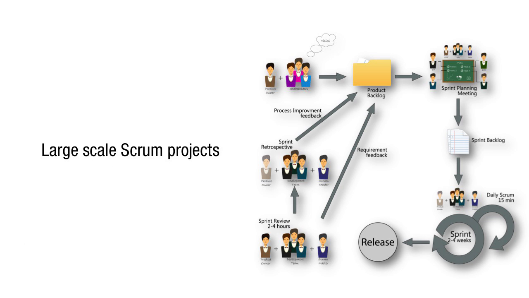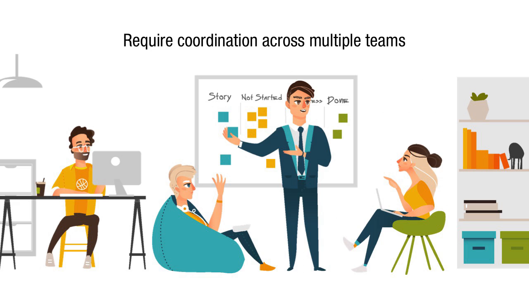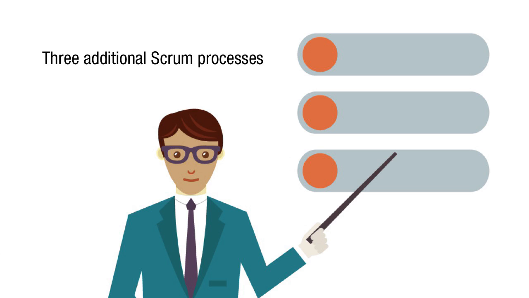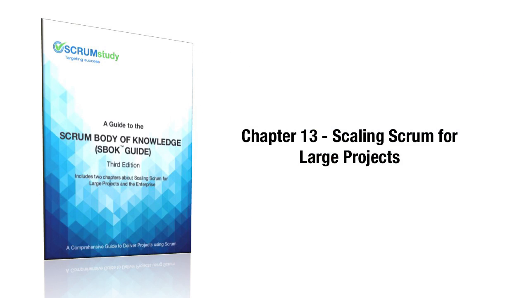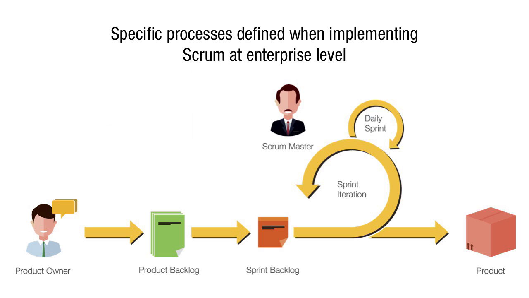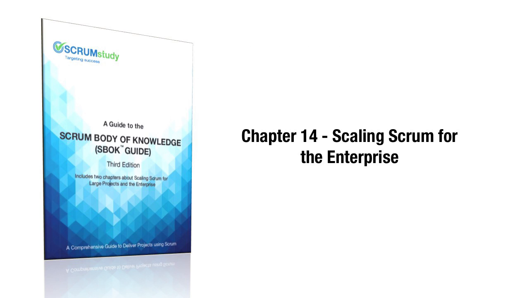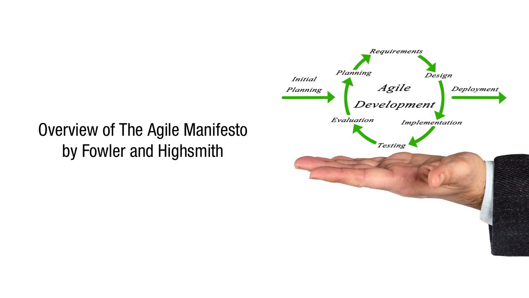For large-scale Scrum projects that require coordination across multiple teams, there are 3 additional Scrum processes, which are defined in Chapter 13, Scaling Scrum for Large Projects. There are also specific processes defined when implementing Scrum at the enterprise level, which are covered in Chapter 14, Scaling Scrum for the Enterprise.